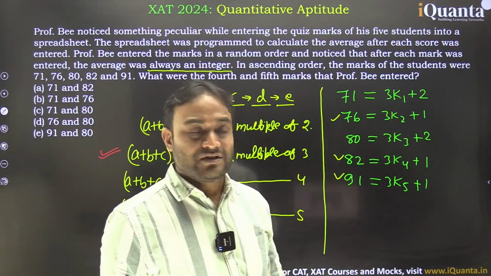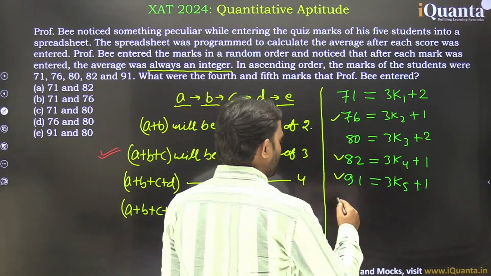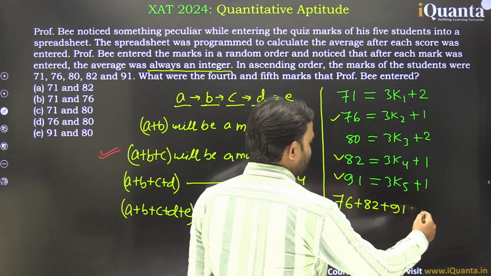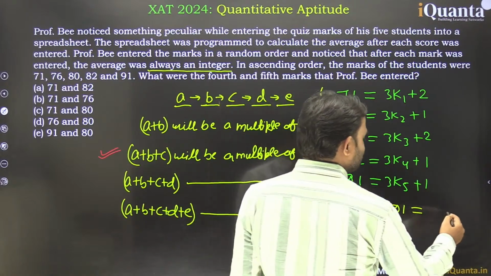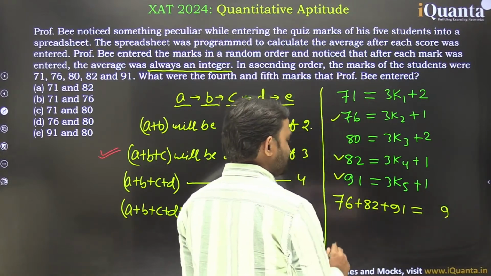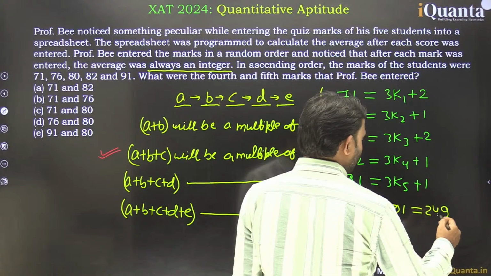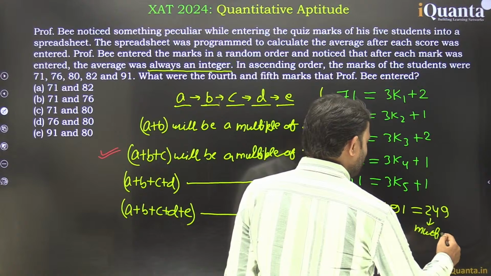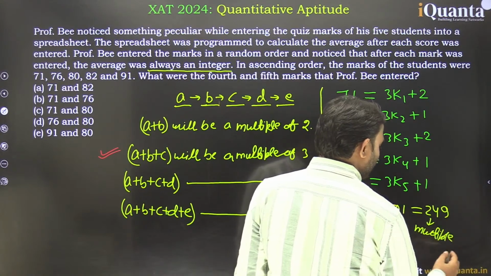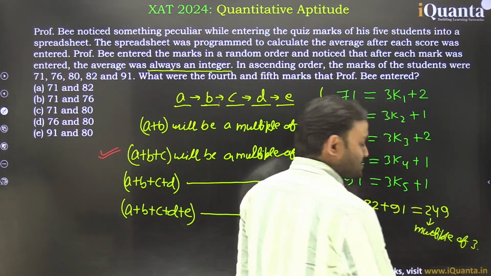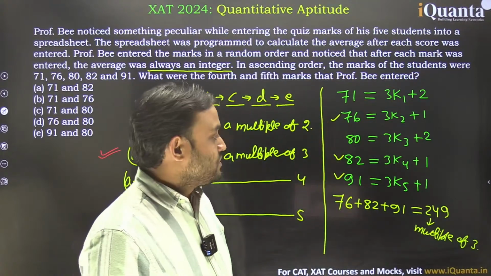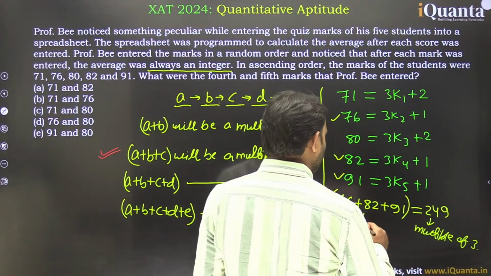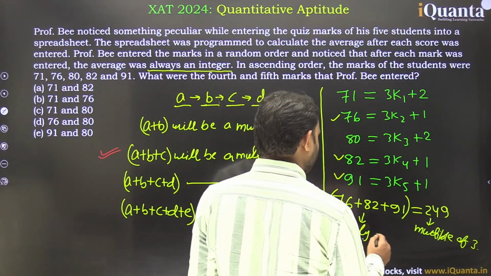Total remainder is 3, so overall this number will be a multiple of 3. 76 plus 82 plus 91 is 3 plus 6, 9, 9 plus 8, 17 plus 7, 24. So this number is a multiple of 3. These are the only triplet which gives us a multiple of 3.